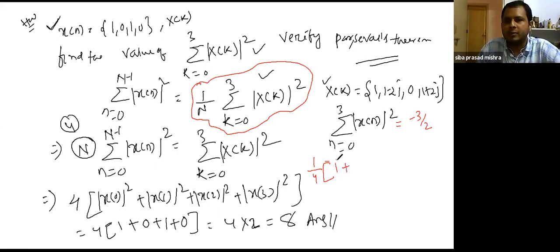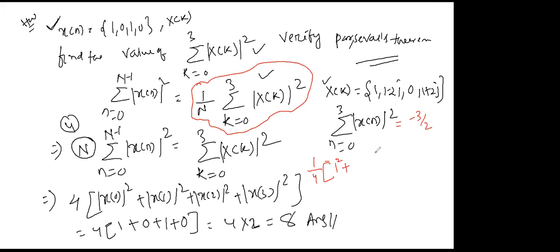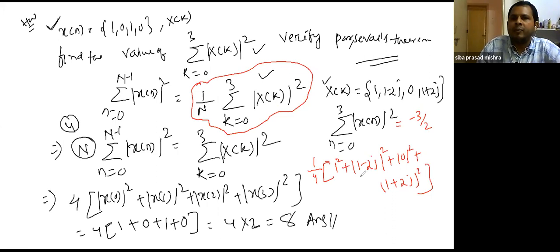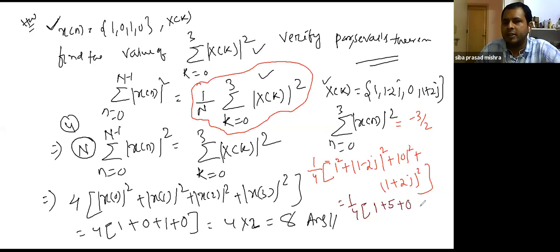It is 1. |1 minus 2j|² plus |0|² plus |1 plus 2j|². Okay. Then what is the answer? That is 1 by 4. It is 1 square, 1. |1 minus 2j|², 1 square plus 2 square, okay, it's 5. Plus 0 square, it is 0.